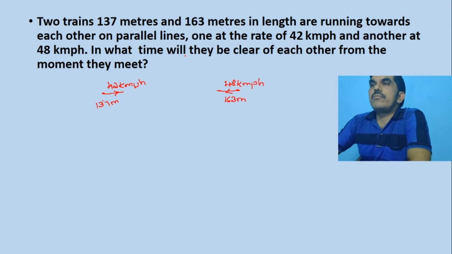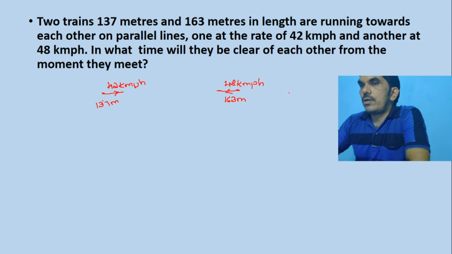In what time will they clear each other from the moment they meet? Now here, these two trains meeting means a face to face meeting. The starting points of both trains are in opposite directions. Ending means the tail portions of the trains should cross each other.